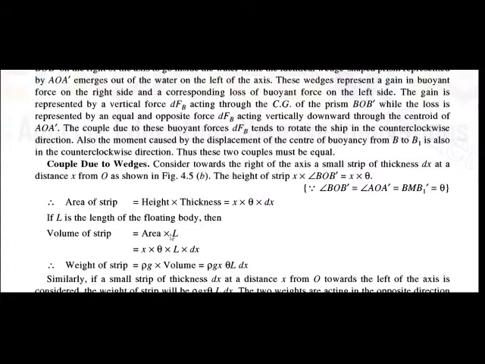The area we have calculated is x into theta into dx. So area into L gives x into theta into L into dx, and this is the volume of the strip. L is the length of the floating body.